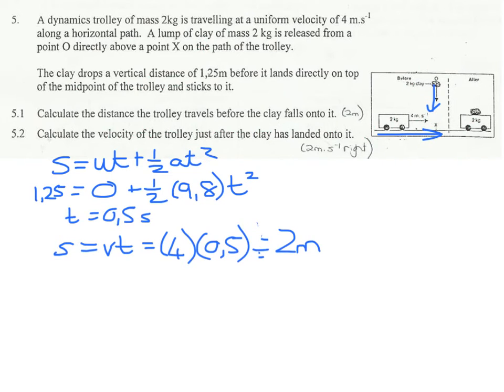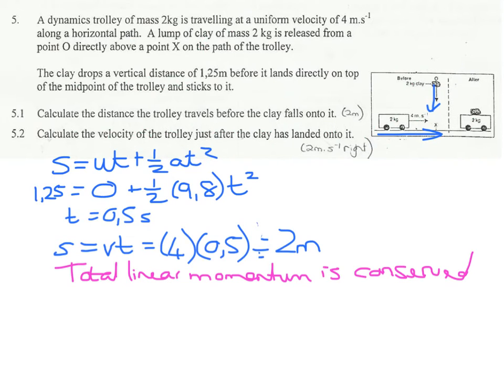Calculate the velocity of the trolley just after the clay has landed on it. So I'm going to need to talk about the conservation of linear momentum. So we've got total linear momentum being conserved, 2 times 4 beforehand. We've got a mass times velocity. Remember, this has got no velocity at the beginning. Is equal to the combined mass of these two objects.